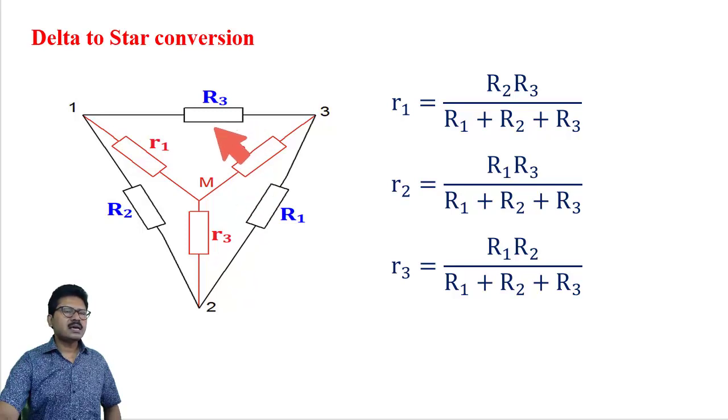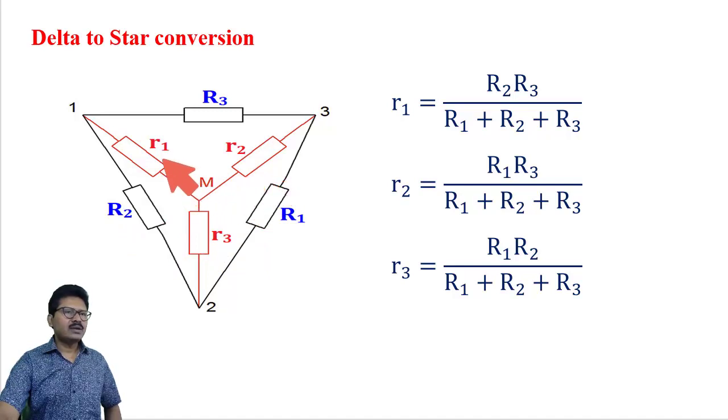The delta is having this blue colored R3, R1 and R2, and corresponding star is a combination of this small r1, r2 and r3. See here how the name has been given. Opposite side of this R1 is small r1, opposite side of this R3 is small r3, opposite side of this R2 is small r2.